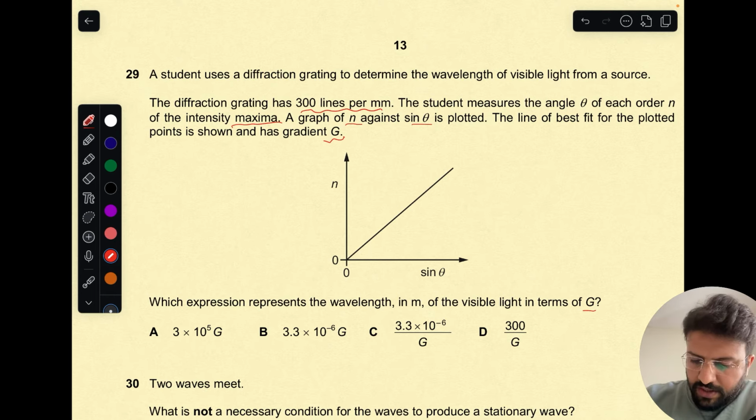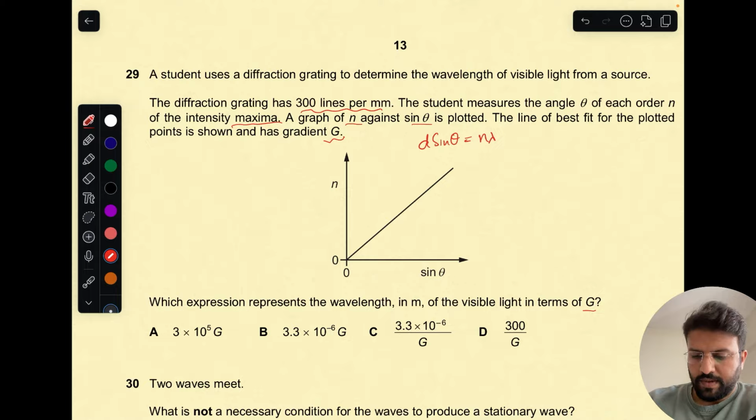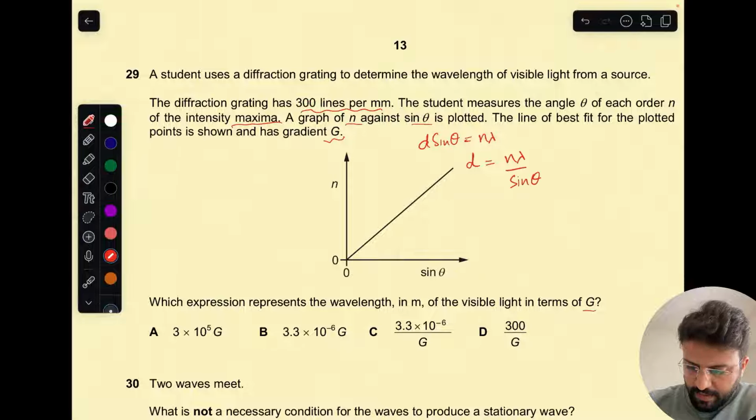For the diffraction grating, the basic equation we have is d sine theta equals n lambda. We have to represent that in terms of G. We know G is the gradient, and gradient is rise over run. Rise is n and run is sine theta.